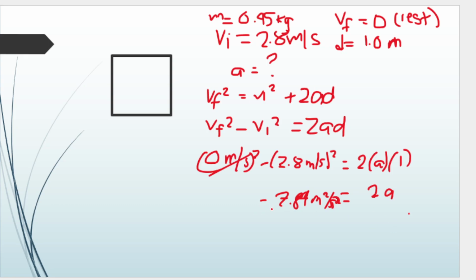Okay, I hope that's clear. So then, para makuha na si acceleration, we can divide those sides by 2. Okay, so acceleration is negative 7.84 divided by 2. So acceleration is negative 3.92 meter per second squared.